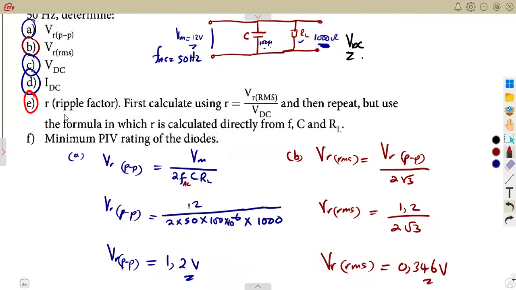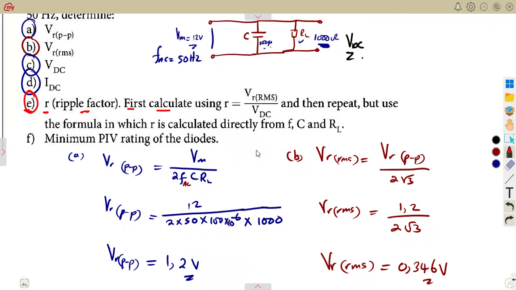And E, they need us to calculate now the ripple factor, R. First, calculate using R is equal to this. Then we're going to use another formula, but I'm going to talk about it.